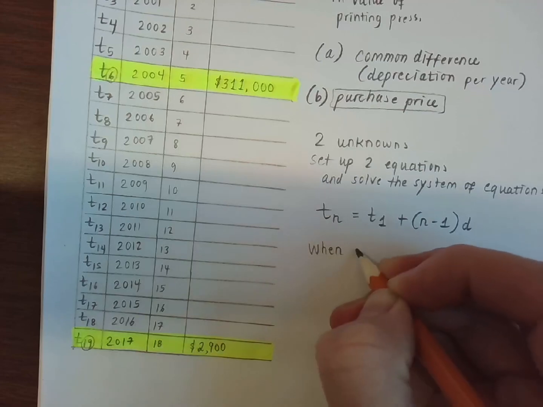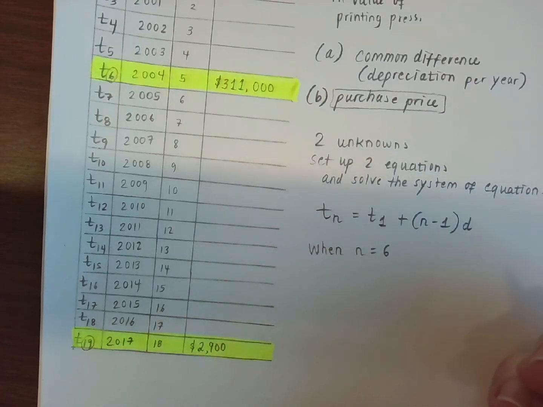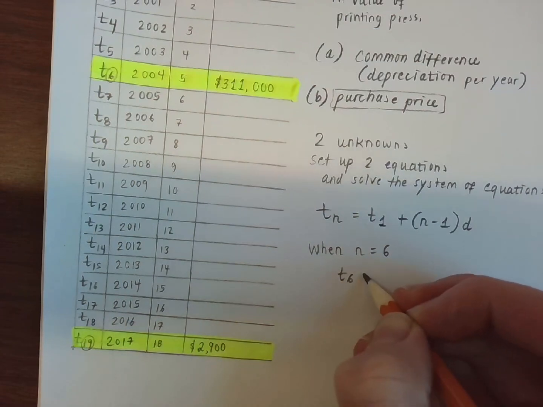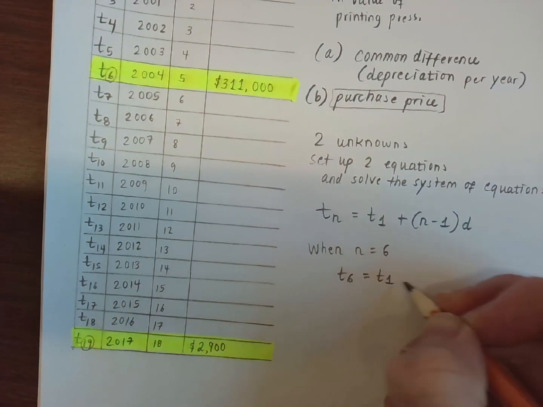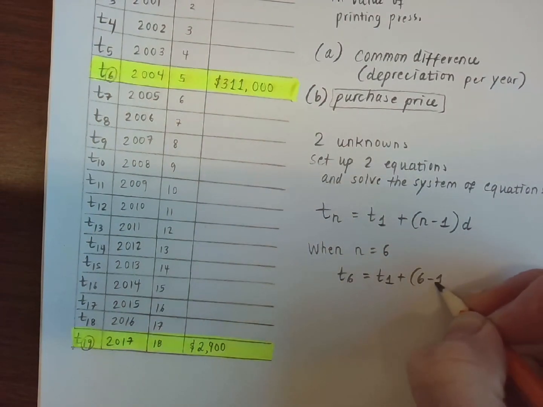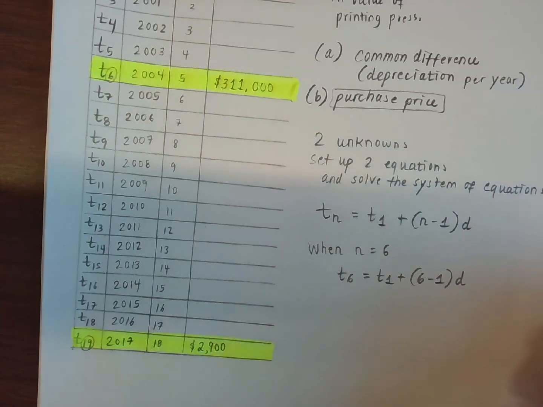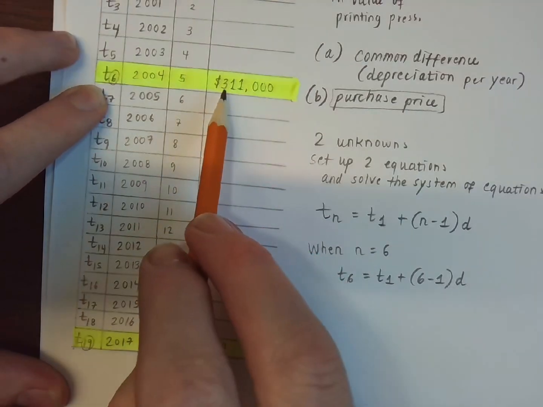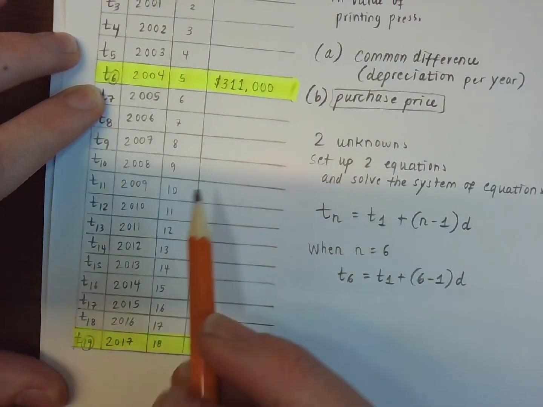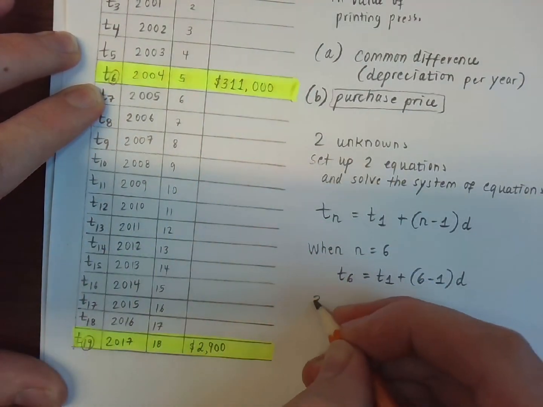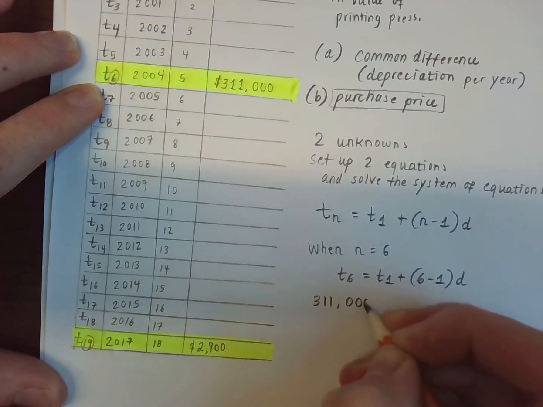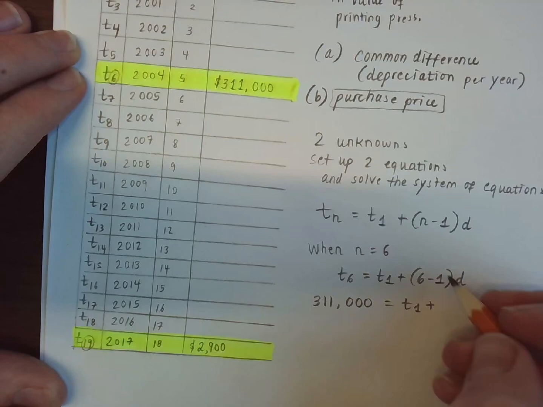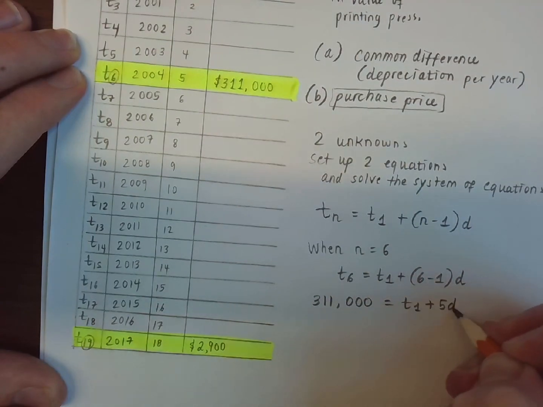When n equals 6, T6, but T6 is actually 311,000, equals T1 plus 6 minus 1, which is 5d.